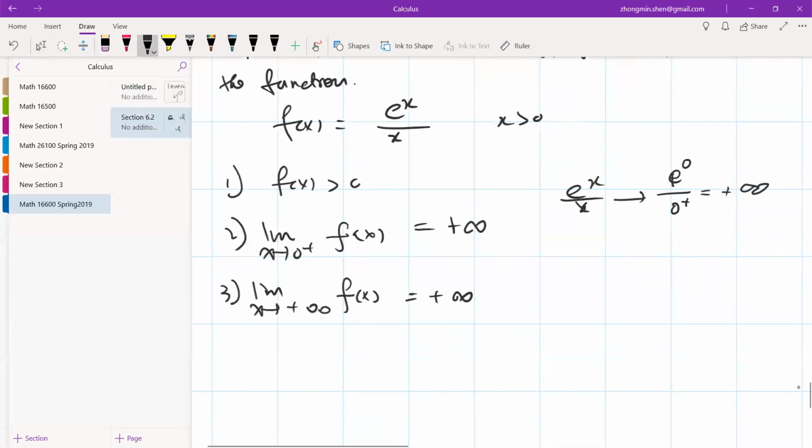Why? e to the x grows much faster than x, so the quotient will be infinite. If you study L'Hopital's rule, I'm not sure it's covered in this section.